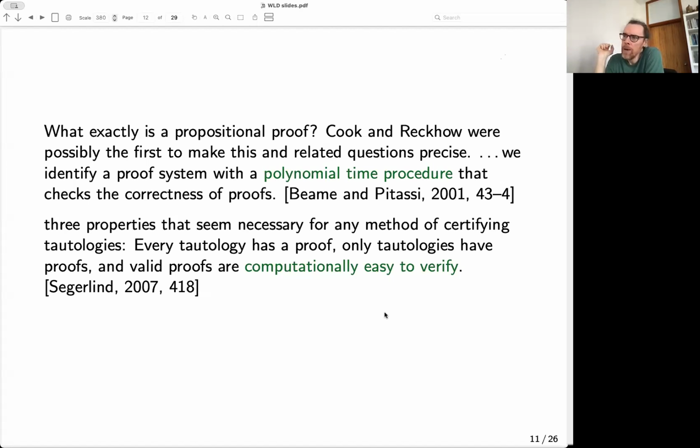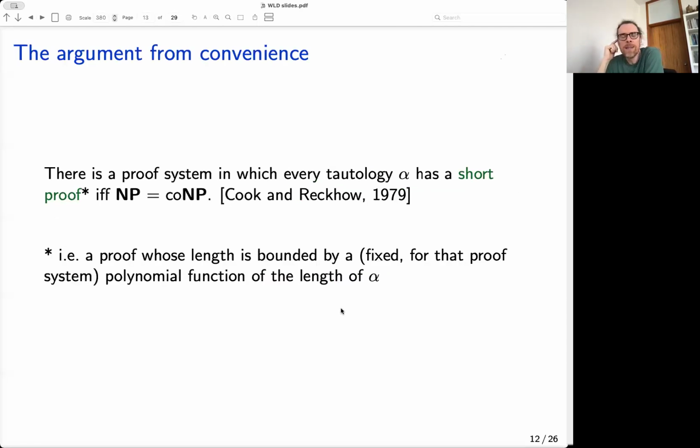Some of the arguments are from the literature; one of them I completely made up, and one of them I've extracted from the literature. But anyway, we'll see them as we go on. The first one is what I'm going to call the argument from convenience.